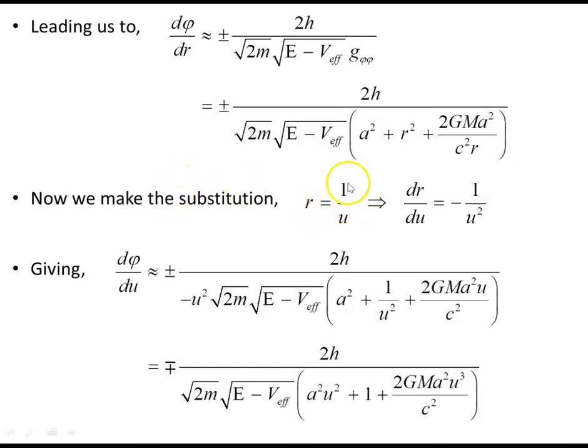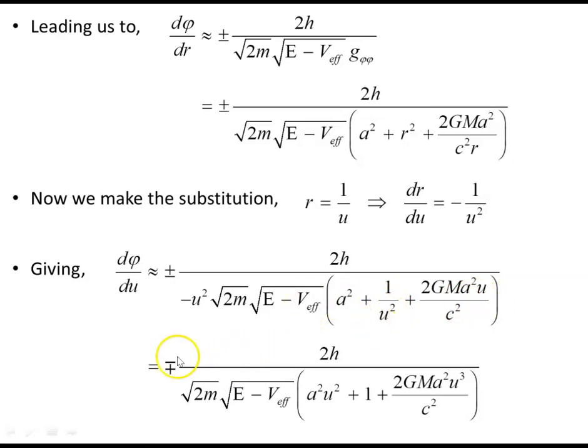So we make the substitution r is 1 on u, which implies dr du is minus 1 on u squared. And that gives us d phi du is approximately this object here when we substitute in. Don't worry about that, because that minus 1 on u squared out the front is going to multiply through and remove this 1 on u squared bit, which makes integration a little bit tricky.